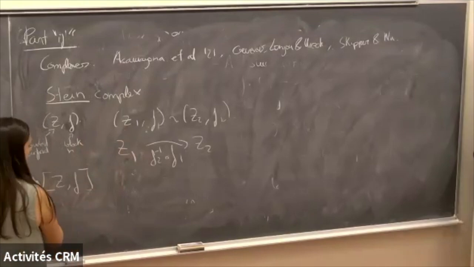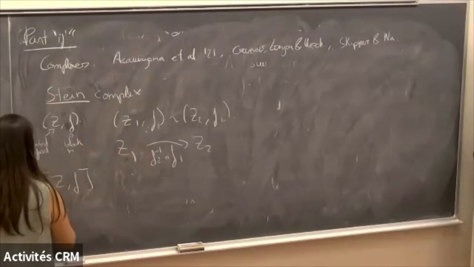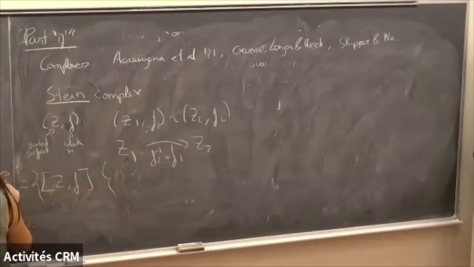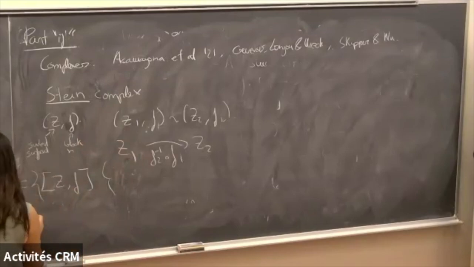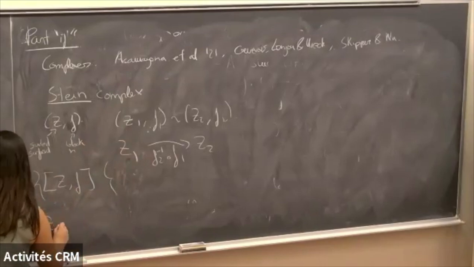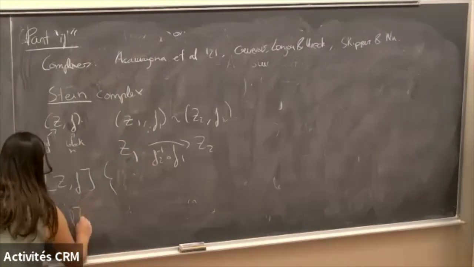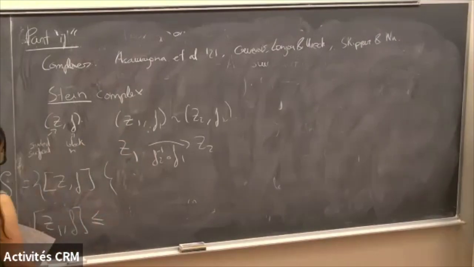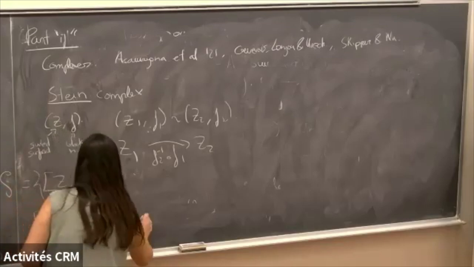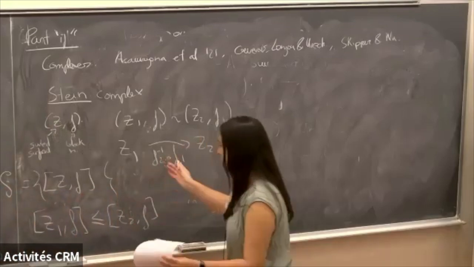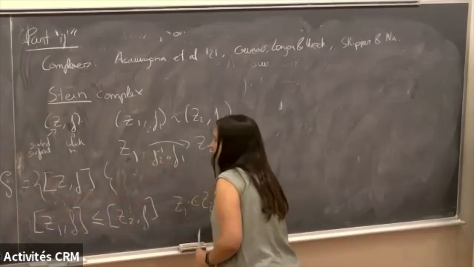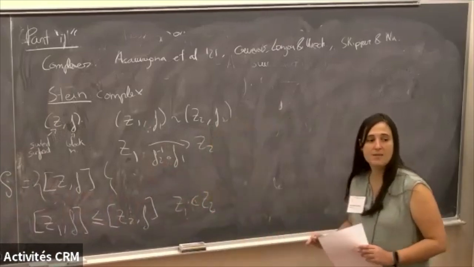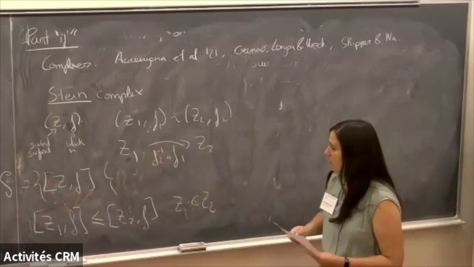And the set of all these classes will be called S. And we will say that one pair is smaller than another if, as you can expect, Z1 is contained in Z2. And this gives us a poset structure on these pairs.